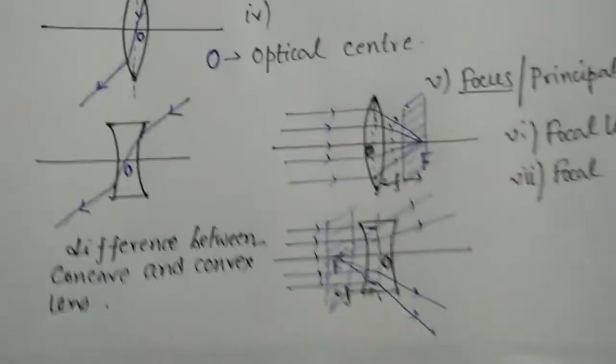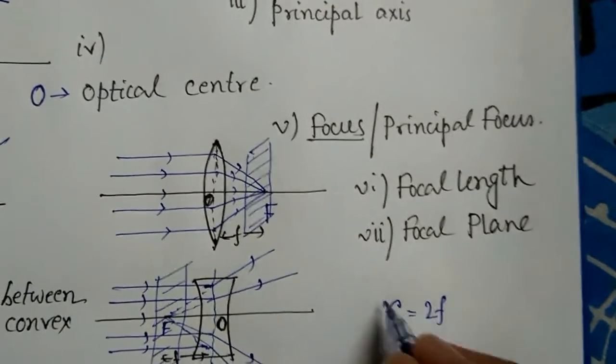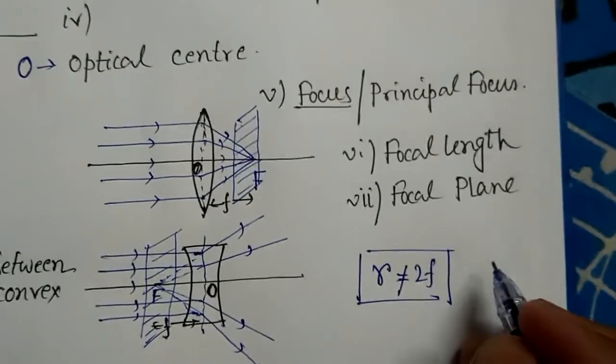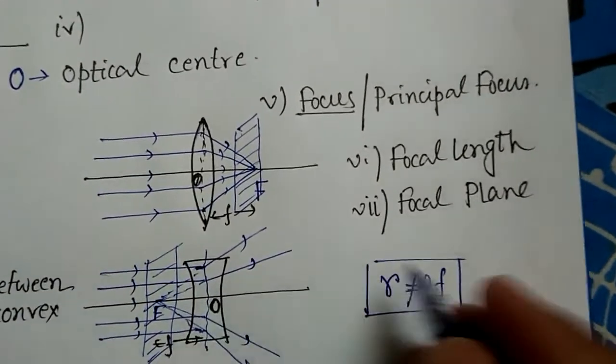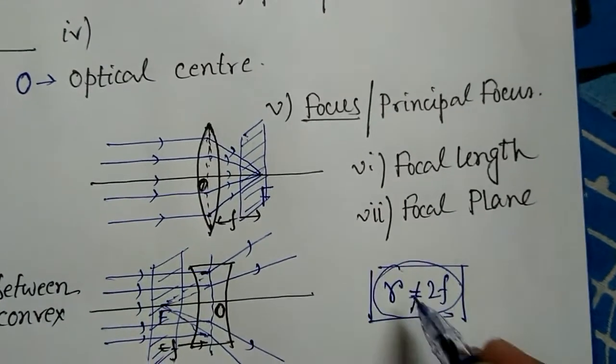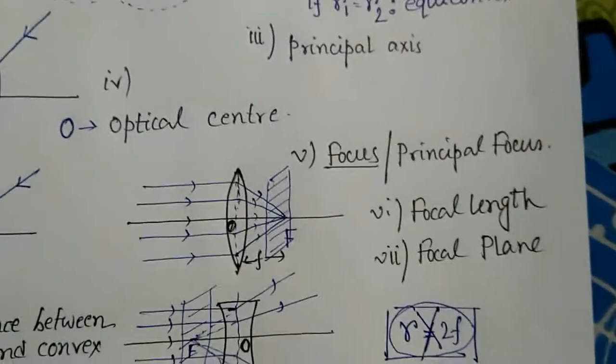And keep one thing in mind, in case of mirror you have read this formula R equal to 2f, but in case of lens this type of formula is not valid. Is it okay? So keep this very carefully in your mind.